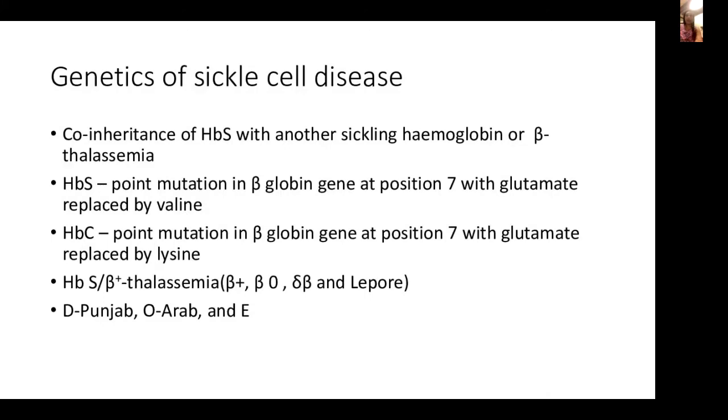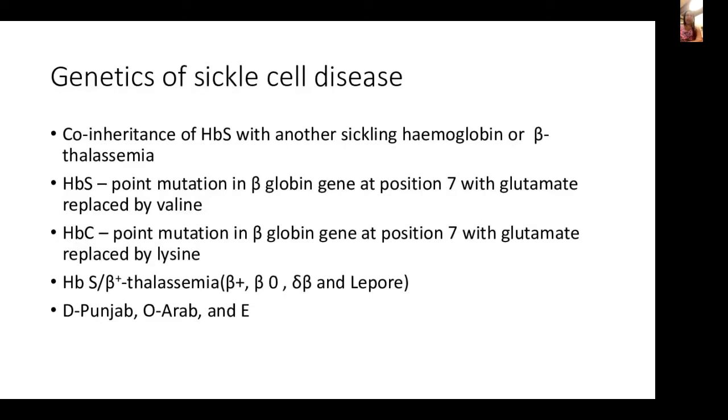The most common other sickling hemoglobin that you encounter is hemoglobin C, where it's the same position in the beta gene, but instead of glutamate being replaced by valine, in HbSC it's replaced by lysine. And then if you've got a sickle hemoglobin with a beta thalassemia, so that's either beta plus or beta 0, or one of the delta beta or the poor thalassemic hemoglobins, you will get sickle cell disease.